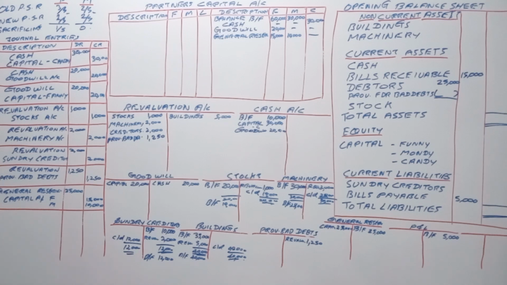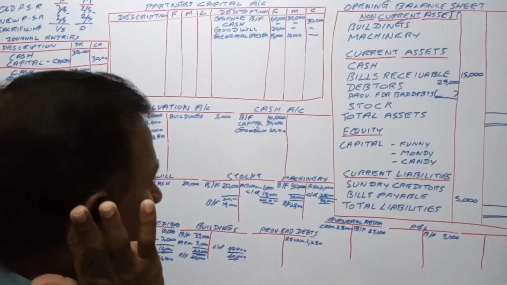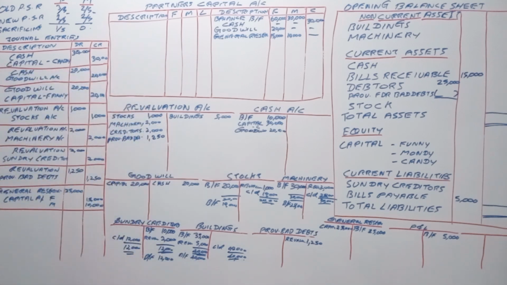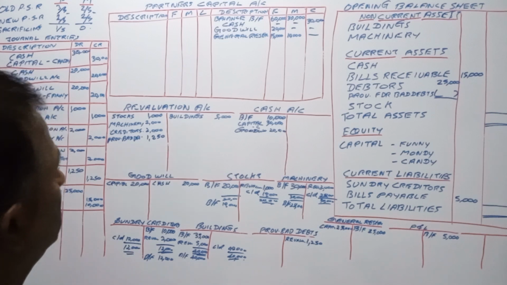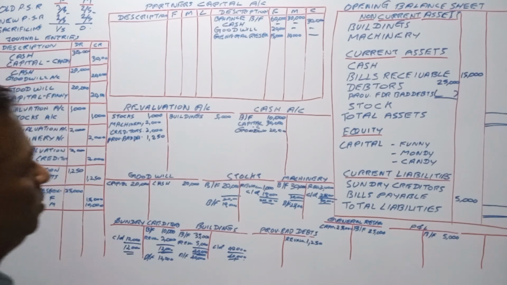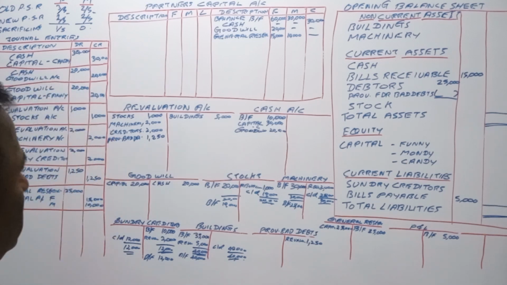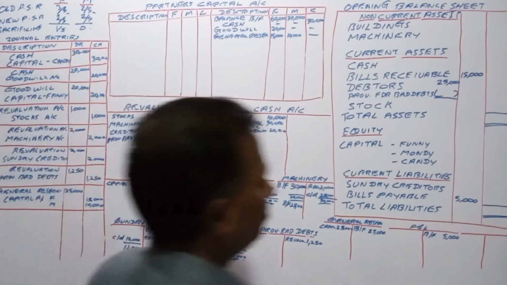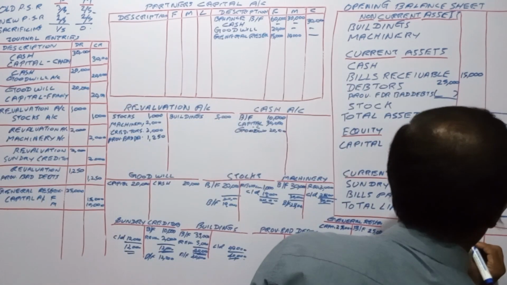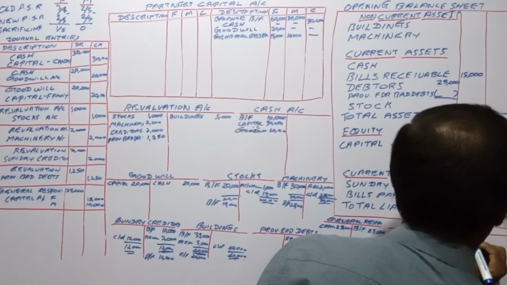Right? We have profit and loss account 5,000. We have to transfer that to the profit and loss appropriation account.